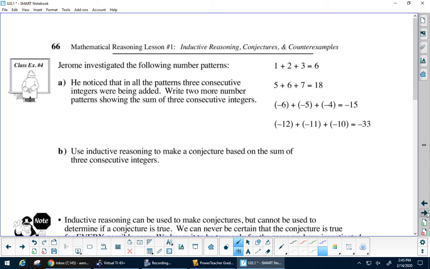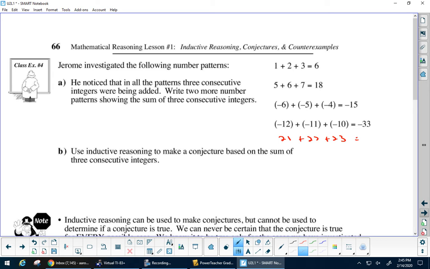This one's pretty cool. So when you have three consecutive numbers, what's a faster way to find the answer? Like 21 plus 22 plus 23.